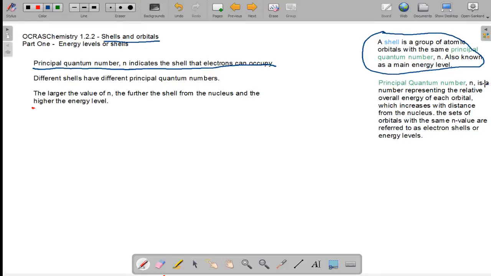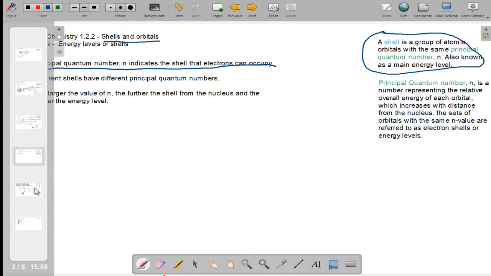The principal quantum number is a number representing the relative overall energy of each orbital, which increases with distance from the nucleus. The sets of orbitals with the same n value are referred to as electron shells or energy levels. Different shells have different principal quantum numbers. So the larger the value of n, the further the shell from the nucleus and the higher the energy level.